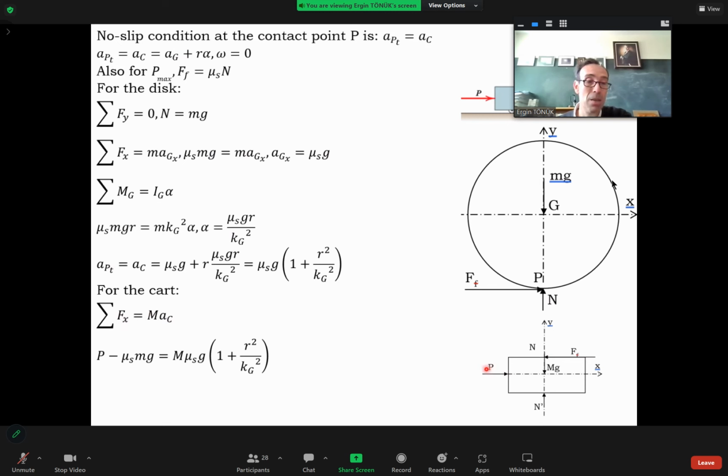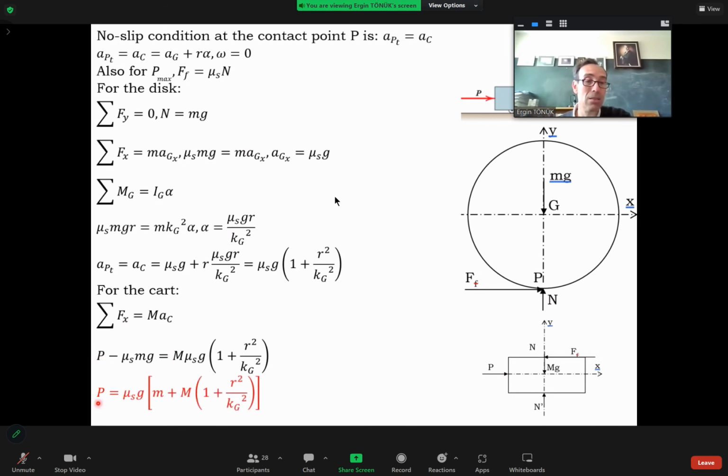So it's P minus F is equal to mass times the acceleration of the cart, which is actually this from the wheel relation. If I take this to the other side, I can get the maximum force I can apply.